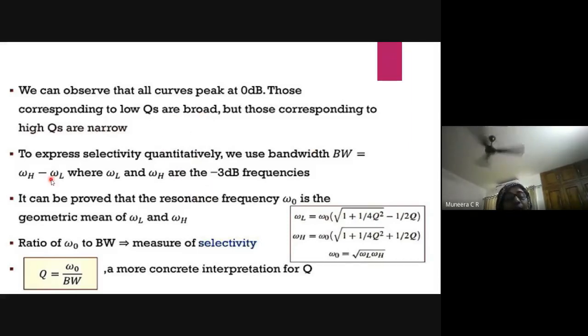The bandwidth is omega H minus omega L, which are the 3 dB frequencies. So the bandwidth is equal to omega naught by Q, and Q is equal to omega naught by bandwidth. From this equation we can also calculate omega L and omega H if omega naught and Q are given.